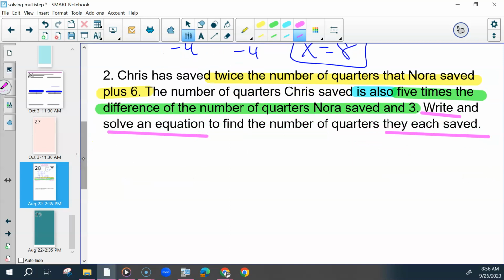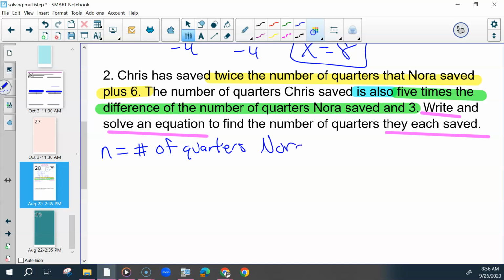I'm going to call that n. Remember that we have to be specific, number of quarters. We can't just put Nora, because we need to know what about Nora we don't know: the number of quarters that she saved.